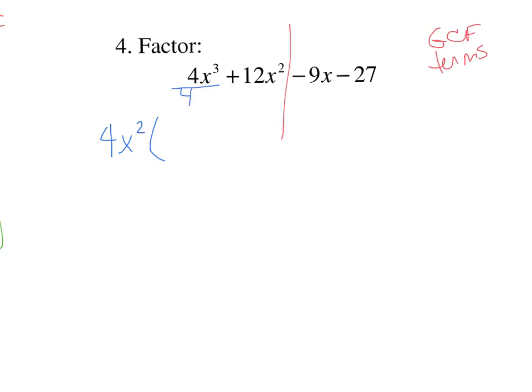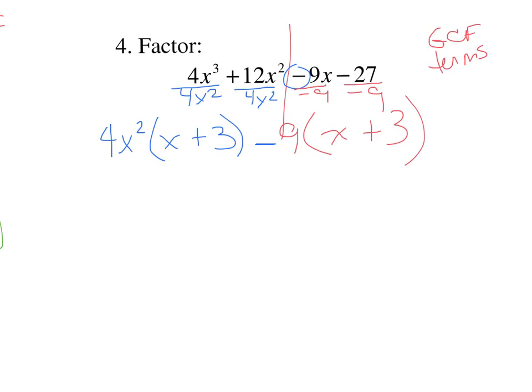When we divide these both by 4x squared, we have x plus 3 left. This negative sign coming down in the middle. The GCF of these 2 terms is 9. It's actually negative 9 because we brought that negative sign down. So when you divide them both by negative 9, you'll have a positive x plus 3.